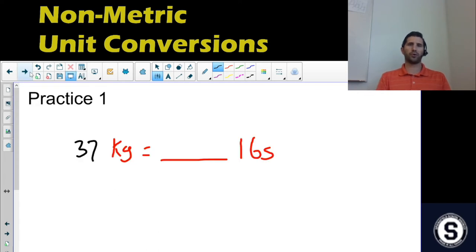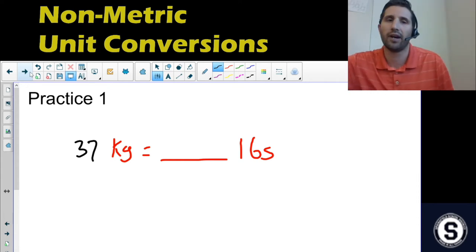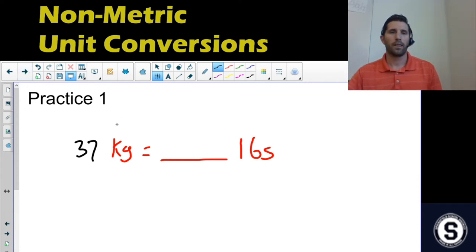So our first example here is 37 kilograms equals how many pounds? All right, so first thing we need to do is pay attention to the units that we have. We have kilograms and we need pounds. So we need a conversion factor that's going to get us from kilograms to pounds. Well, we know one. We learned that 1 kilogram equals 2.2 pounds. That was on the last slide.